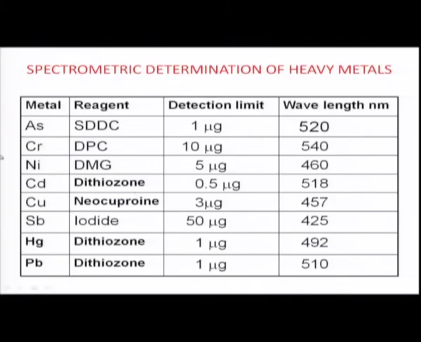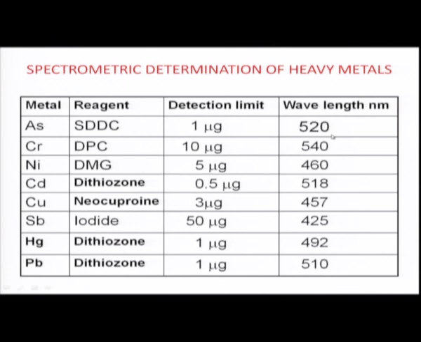Even toxic heavy metals can be determined by appropriate reagents using a colorimeter. For example, arsenic by silver diethyl dithiocarbamate can be determined at a 1 microgram detection limit, which will absorb at 520 nanometer.